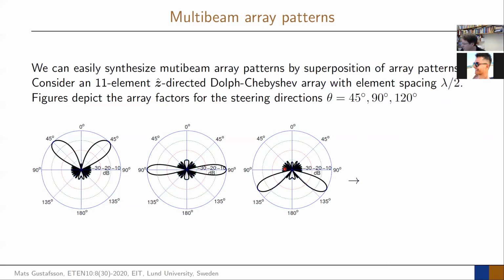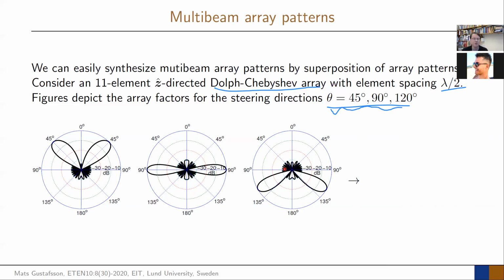So if you do Dolph-Chebyshev or some optimization, we go back to having a specific spacing, lambda over 2. And of course, I can determine the coefficients that give me this Dolph-Chebyshev array at 45 degrees, 90 degrees, 120 degrees. You see them here. And then you ask the question, I would like to have a radiation pattern simultaneously in all of these.